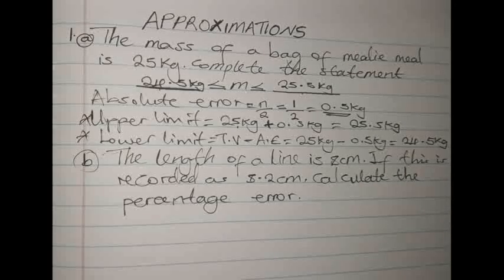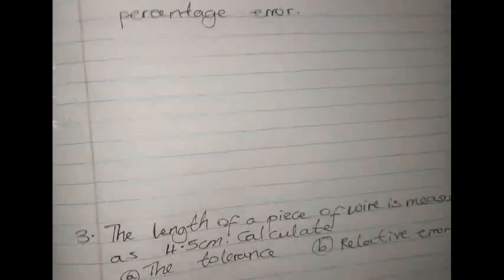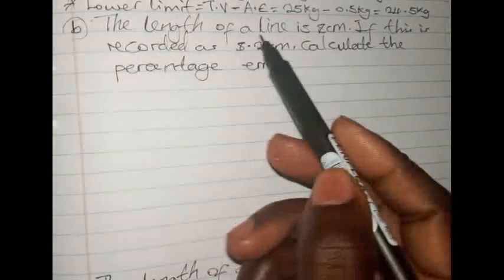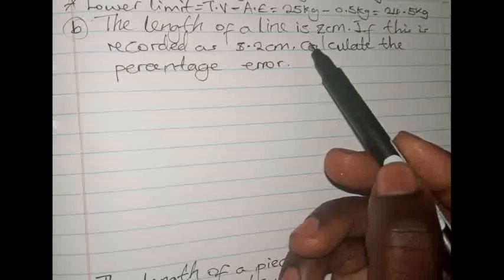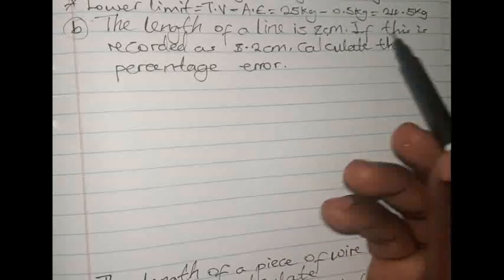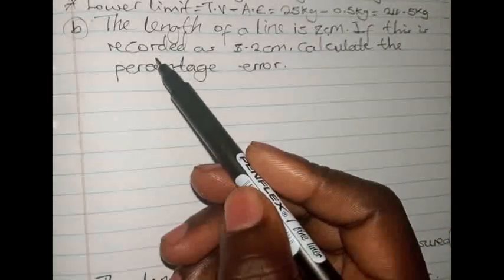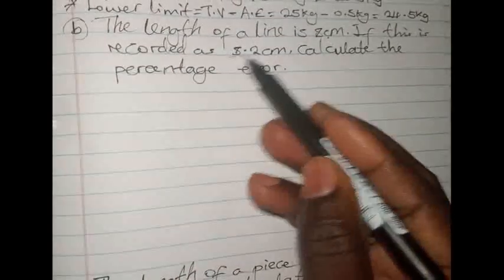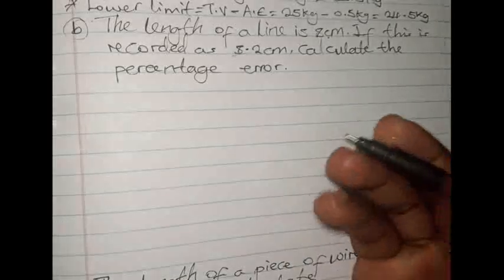Okay, we go to B, this question here. This question reads, the length of a line is 8 centimeters. If this is recorded as 8.2 centimeters, calculate the percentage error.